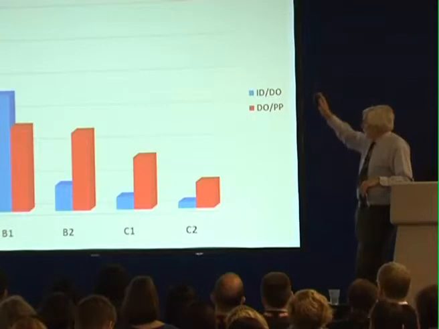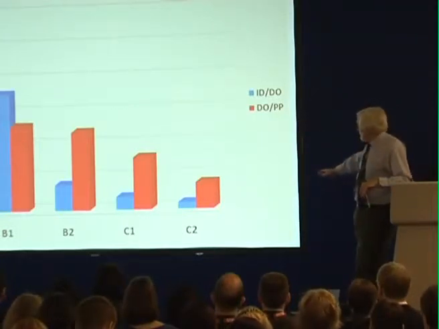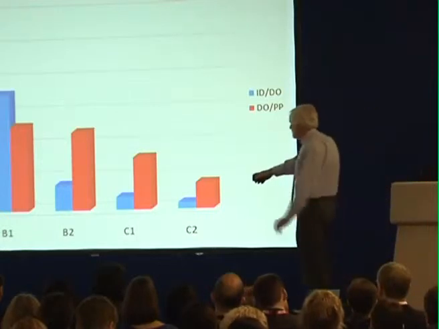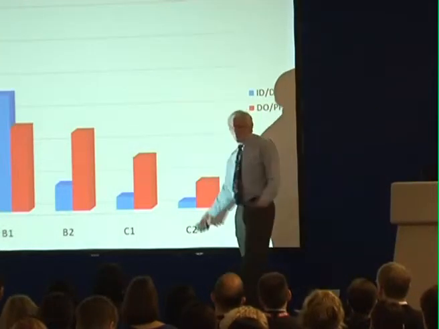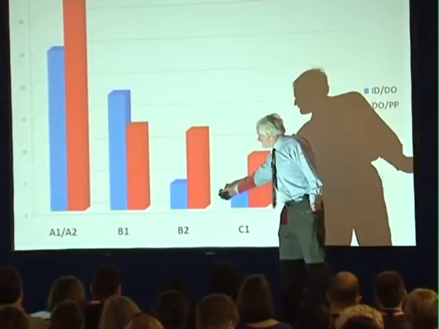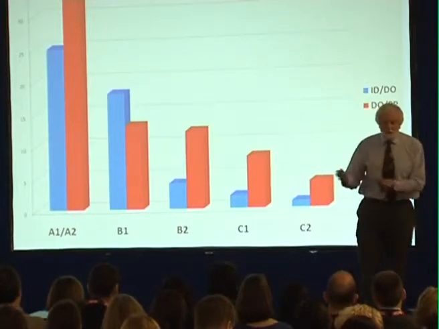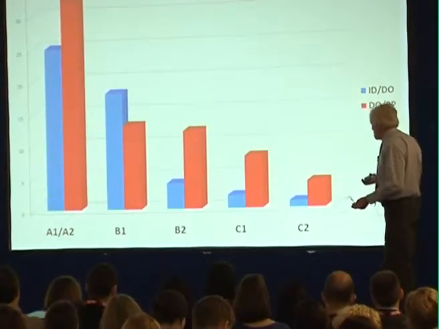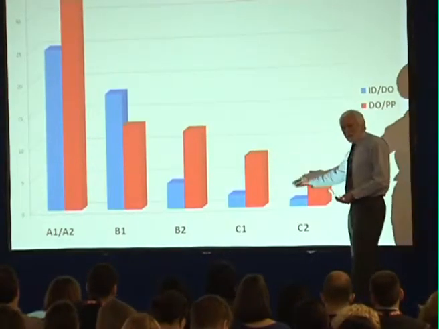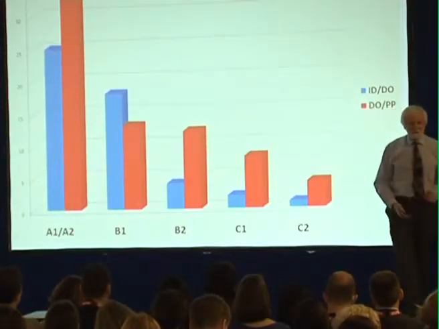Now, the interesting thing is that the errors decline, as we might expect, so that by C2, even by C1, I'm sorry, you've mastered, you've controlled this indirect object, direct object pattern. But there's a kind of persistent level of error with the prepositional phrase pattern.